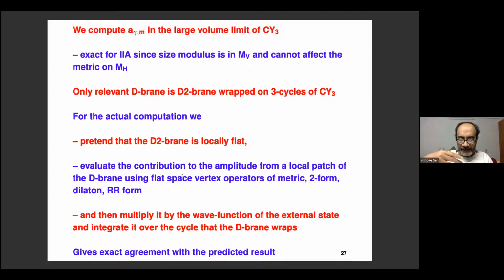This, in a sense, is the non-trivial part of the calculation that involves Calabi-Yau geometry. The other part of the calculation is just a flat space calculation. But these integrals can be done, and at the end, it gives exact agreement with the predicted result.